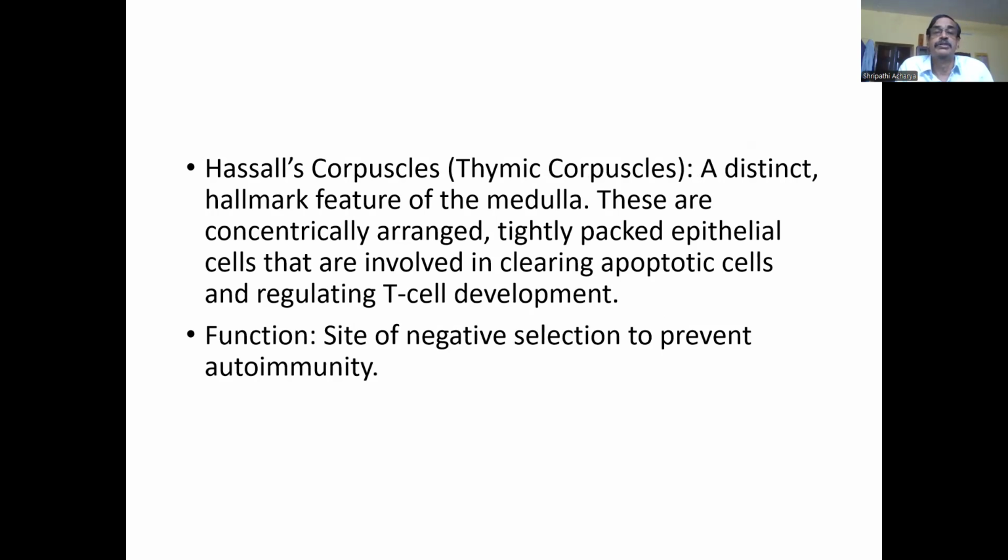Hassall's corpuscles, that is thymic corpuscles, a distinct hallmark feature of the medulla. These are concentrically arranged, tightly packed epithelial cells that are involved in clearing apoptotic cells and regulating T cell development. Function: site of negative selection to prevent autoimmunity.